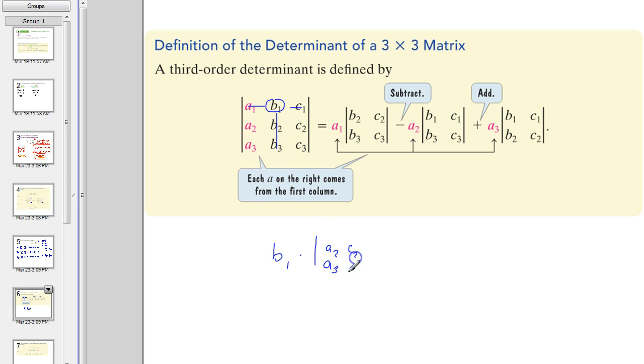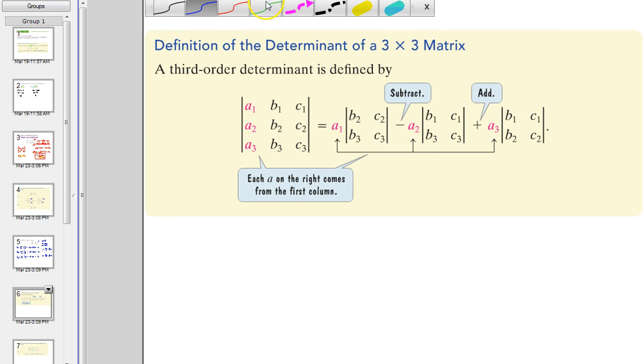So you could do it that way as well. You could go across the top instead of down the column, but whichever way, your goal is to go down to a 2 by 2 matrix and use the methods we just did to find its determinant.